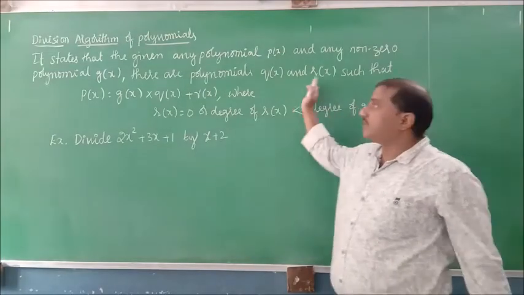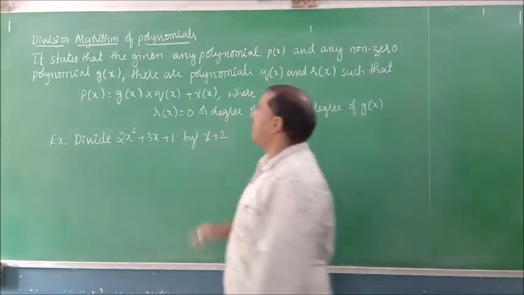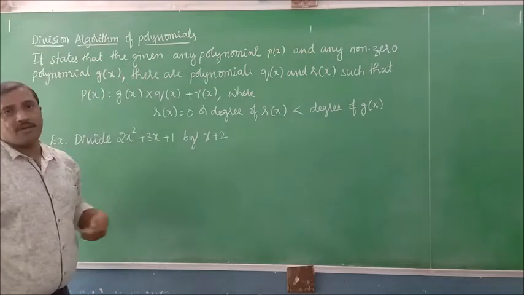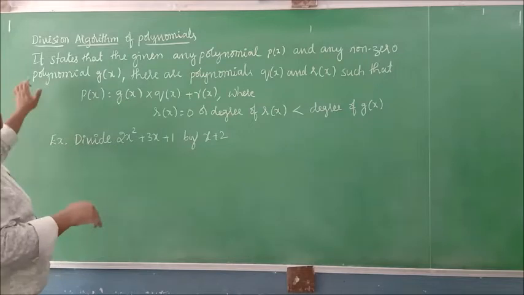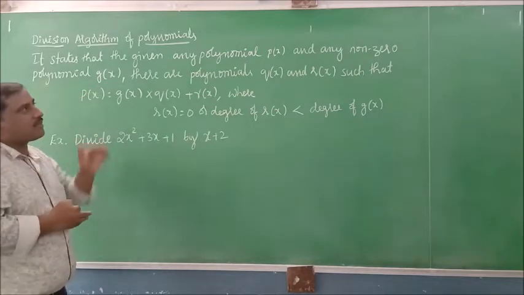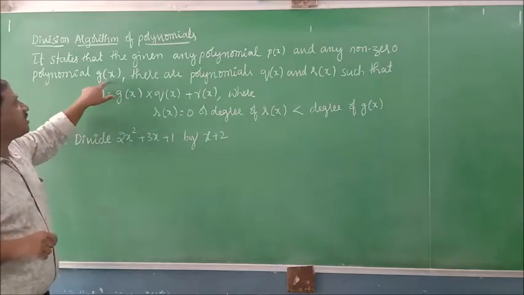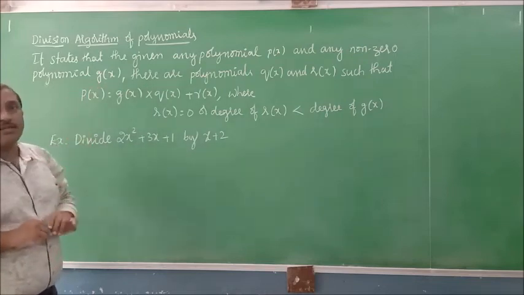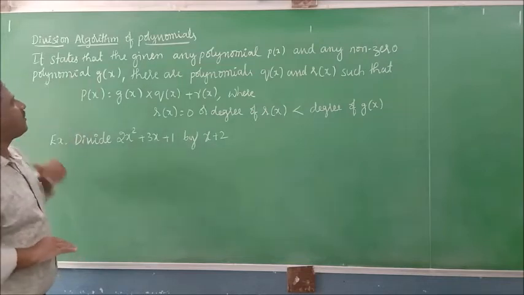Now we will discuss the division algorithm of polynomials. Its statement says that given any polynomial p(x) and any non-zero polynomial g(x), so we are given two polynomials p(x) and g(x), where g(x) is a non-zero polynomial, meaning g(x) should not be the zero polynomial; other than 0, it can be any polynomial.